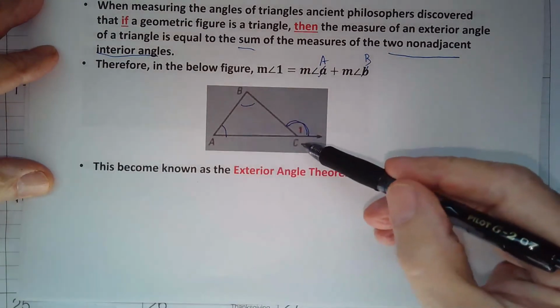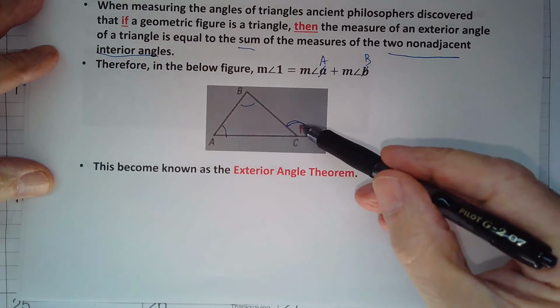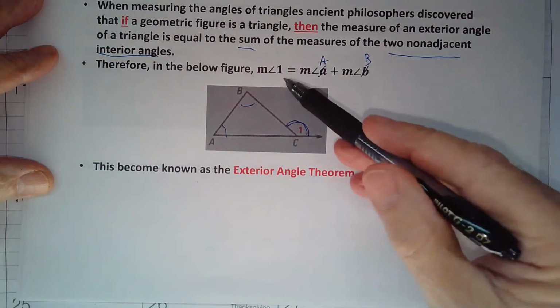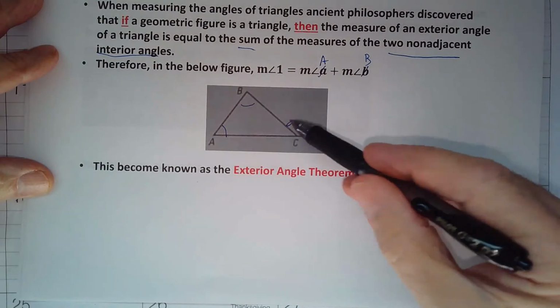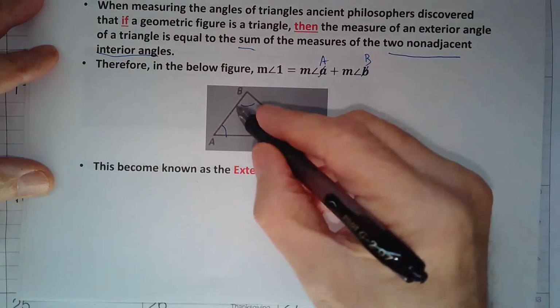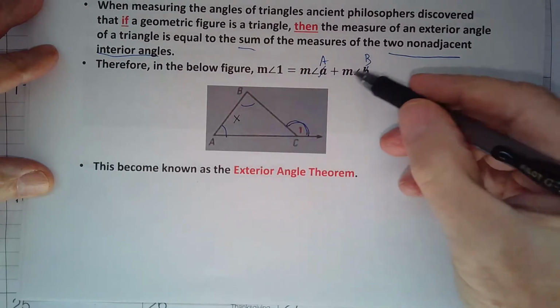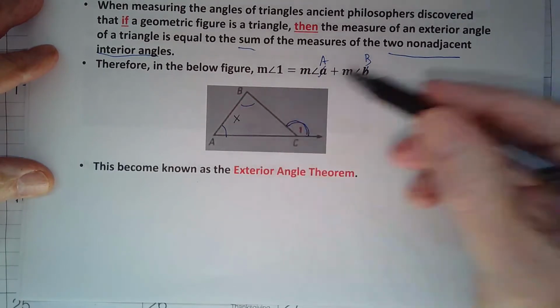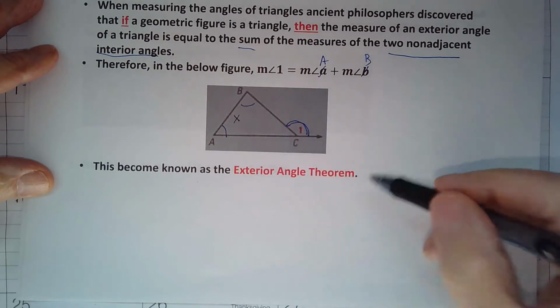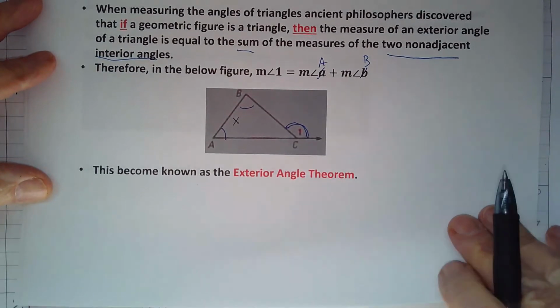Here's a triangle, and there's an extension here, and there's an exterior angle that they call angle 1. And so they say that the measure of angle 1 here is equal to the measure of angle A plus the measure of angle B. Okay, so you add those together, they equal this. And this is what we call the exterior angle theorem. So we're going to be using that in just a little bit.